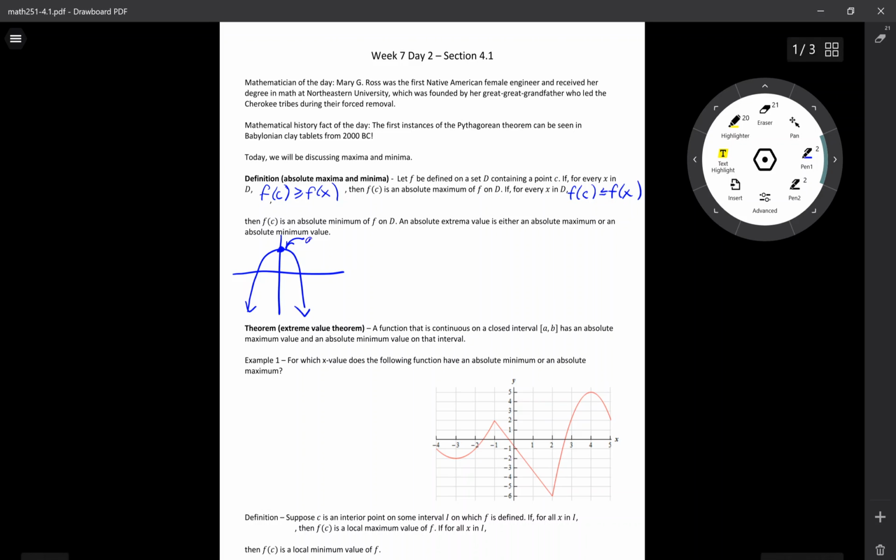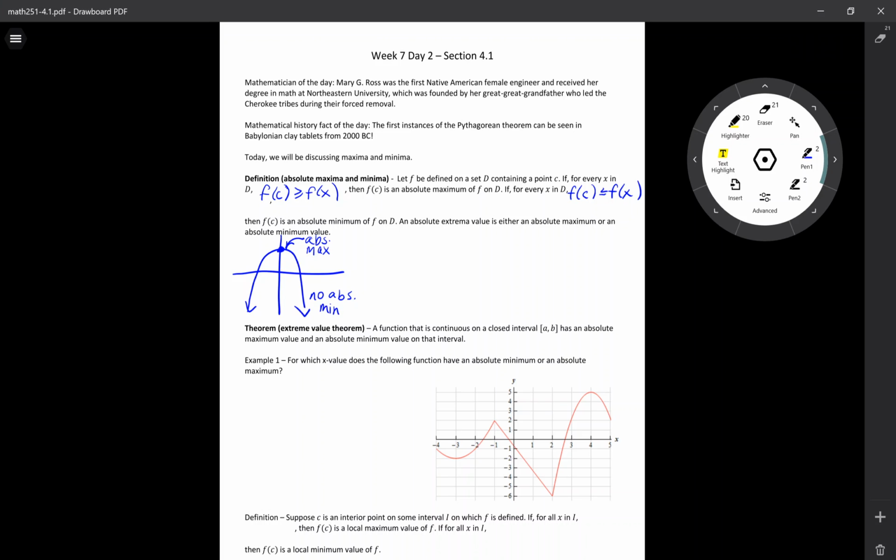So this is our absolute maximum value. However, since our graph goes on forever in the negative direction, we do not have an absolute minimum value because we continue to get smaller and smaller and smaller. So no absolute minimum.